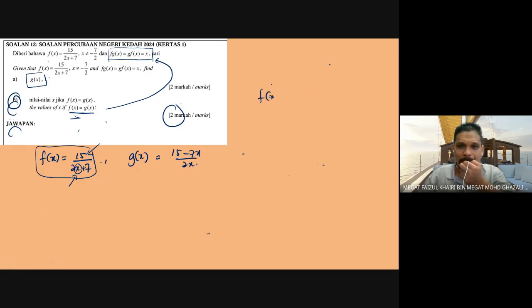So f(x) equals g(x), which is 15 divided by 2x plus 7 equals 15 minus 7x divided by 2x. Okay, which means that cross multiply, then we got 15 times 2x, 30x, and then 15 minus 7x times 2x plus 7. 15 times 2x, 30x, 15 times 7, 105.